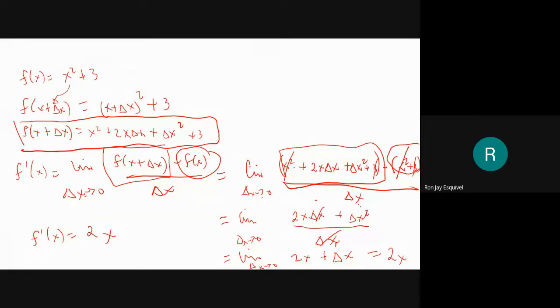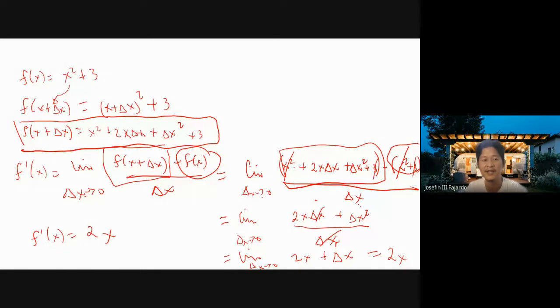So to get f prime, you first get f of x plus delta x, and then we perform the limit, and then you have that. But this method is very tiring or lengthy, o masyadong mahaba. Gawin mo lang siyang x cubed, masyado nang mahaba yung ating pagkuha nito.